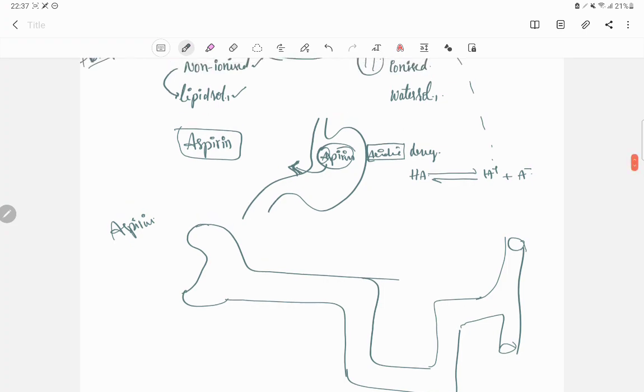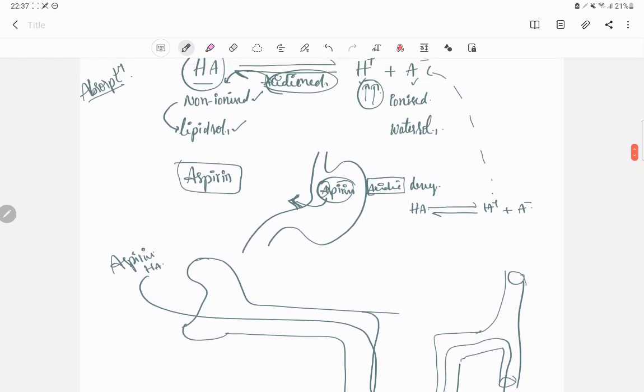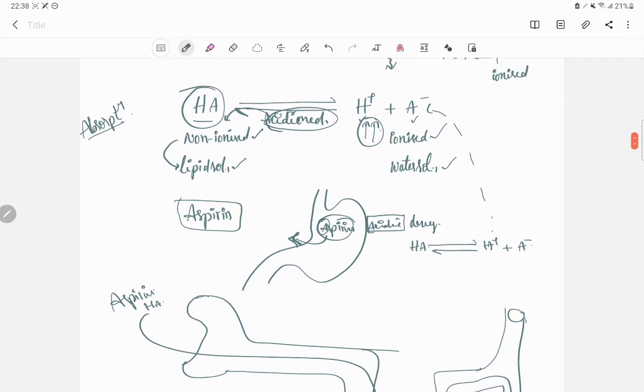Let's say this is an HA, and we want this drug to be excreted, right? What we know is, in order for a drug to be excreted, it should be in water soluble form, that is, it should be in ionized form. So we want the forward reaction to take place, right?